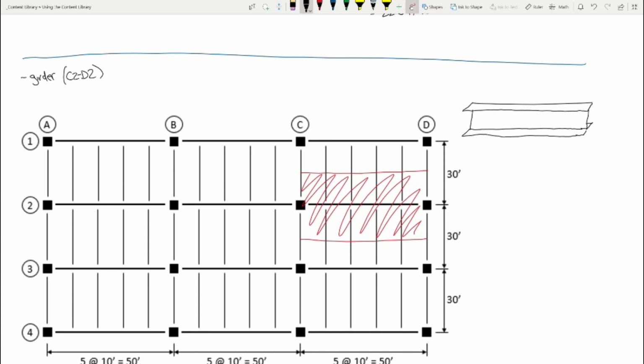And then right here, let's say at this point, we have a beam framing into it, but then we also have another beam coming in back here. We've got another one here and another one here. So I propose what we can do is we can model this as follows.